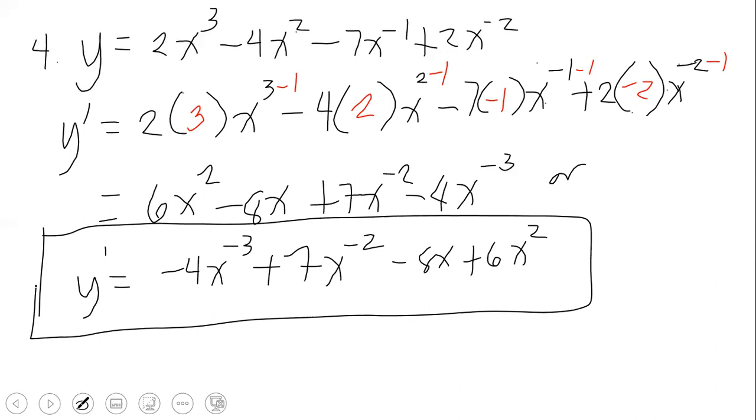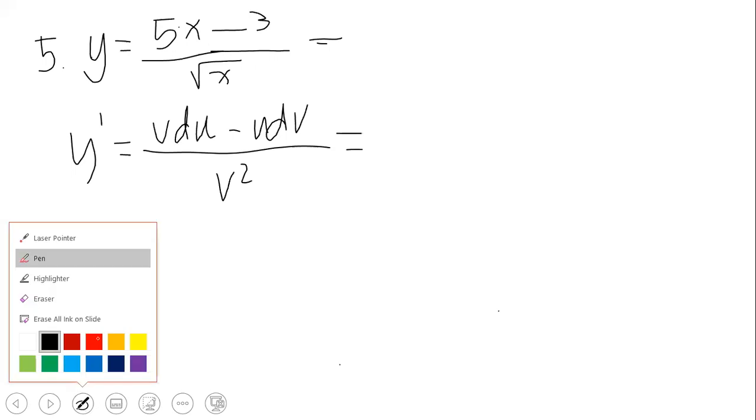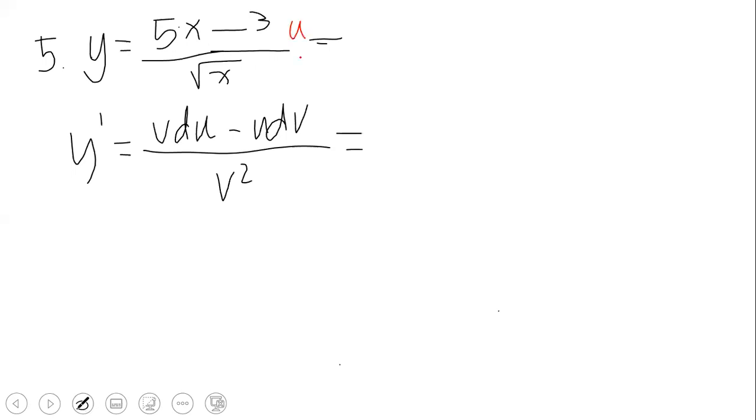Let's proceed with the last number. So for number 5, which is 5x minus 3 over square root of x. So apply natin yung quotient rule for the differentiation process nito. So last time, di ba na-discuss natin about the quotient rule which is the u and this is the v.